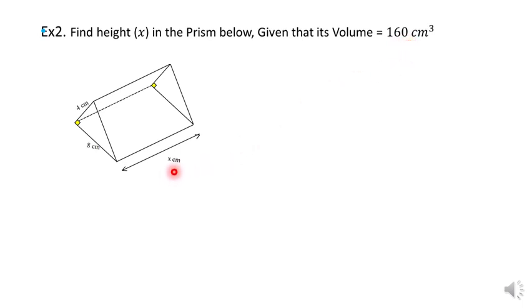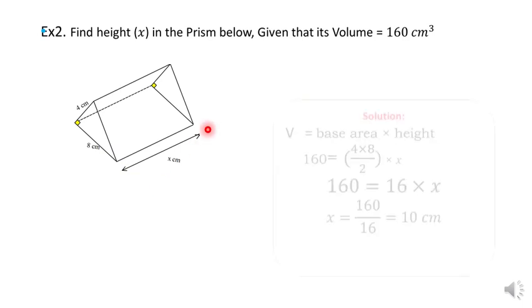I want you to find the unknown in this prism. To find the unknown, I will use our formula for the volume of a prism, because in this exercise they give you the volume. So let's see the solution all together.